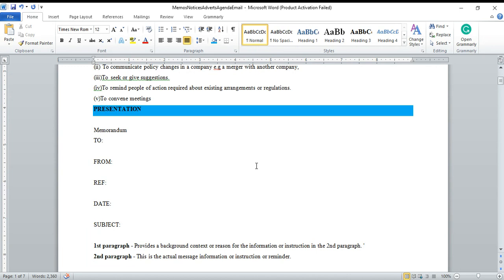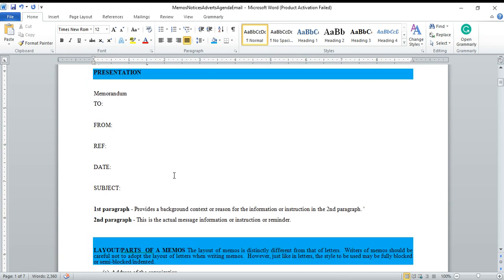A memo will have the following: a to field, the person you're addressing; a from field, the source of the memo; a ref, which is the unique number that can be used to track or file the memo; then the date of writing the memo; then the subject, which is the topic or the issue you are going to talk about.